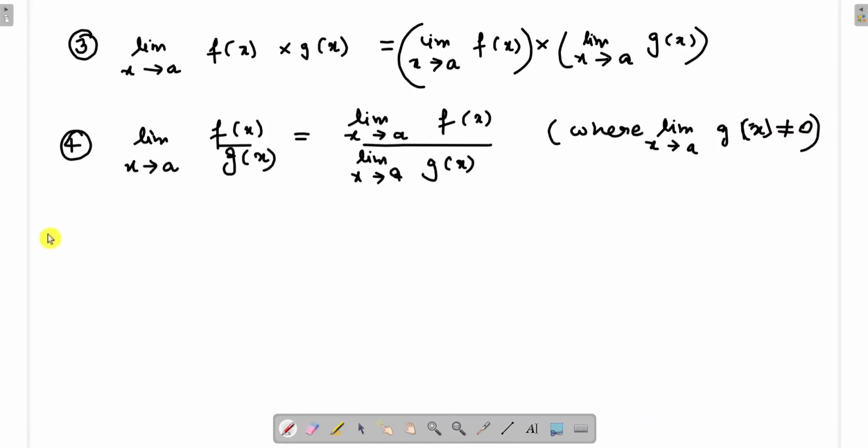Alright, so these are the four properties, and then we have one more property: limit x tends to a of k times f(x). Here k is a constant.